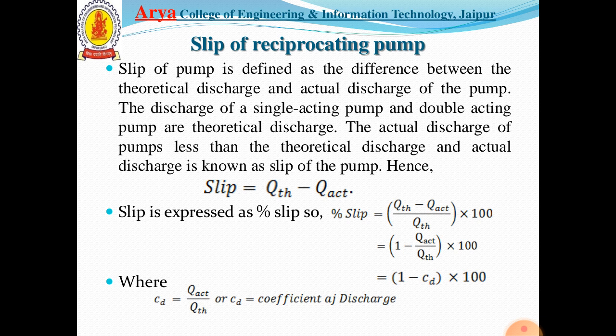Hence, the slip equals Q theoretical minus Q actual. It is expressed in terms of percentage slip, which can be calculated as Q theoretical minus Q actual upon Q theoretical into 100. That can be expressed as 1 minus Cd into 100, where Cd is the ratio of Q actual upon Q theoretical, or simply the coefficient of discharge.